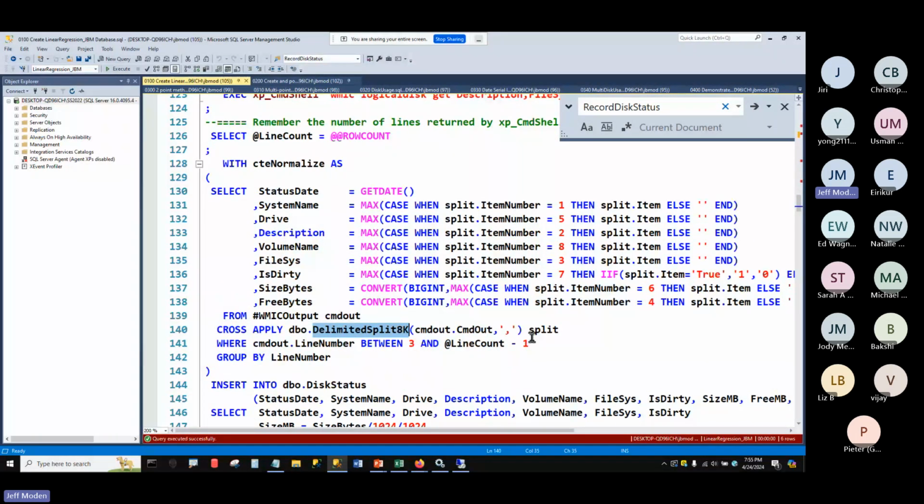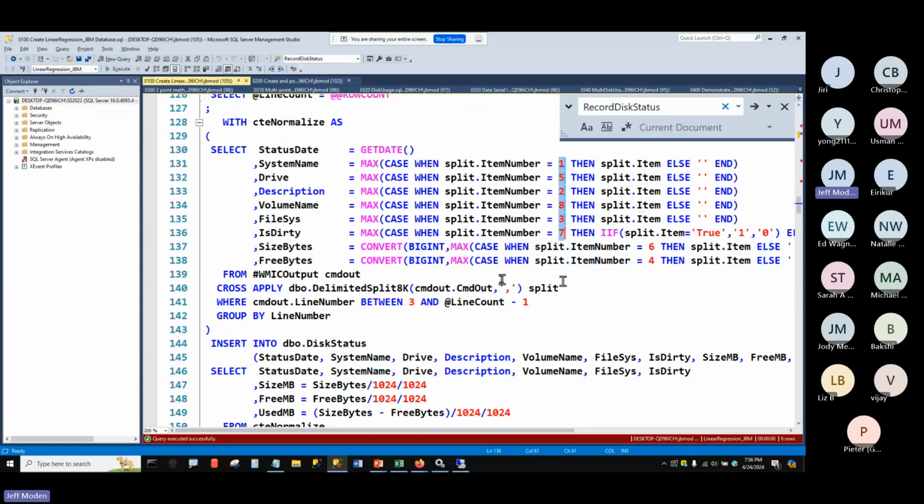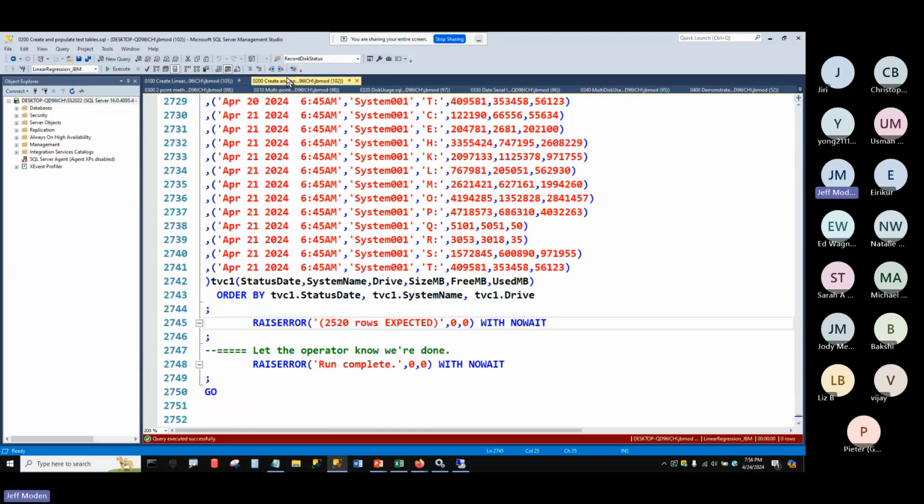Again, you could use string split in 2022 and above. It won't work for 2019 or below, because we need to know which column we're pulling up, and only the 2022 version will give you the columns.